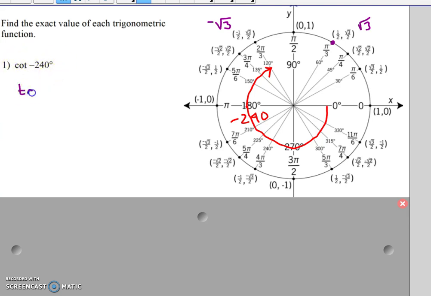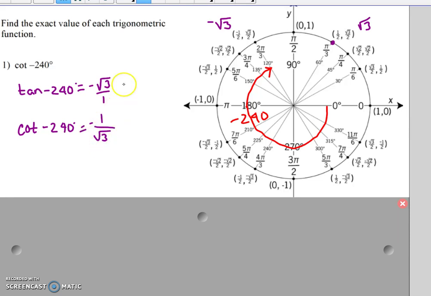So the tangent of negative 240 is equal to negative square root of 3, which we can think of over 1. Then the cotangent of negative 240 degrees is going to be 1 over the square root of 3.